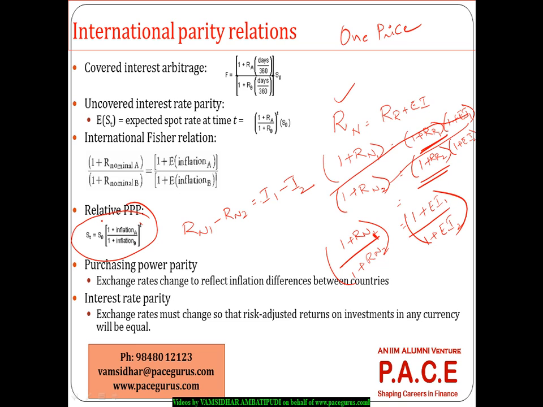So whenever we are talking about the relative purchasing power concept, I could very well use this kind of a relation: ST equal to S0 into 1 plus inflation of country A divided by 1 plus inflation of country B, which is nothing but the expected spot rate in the future.